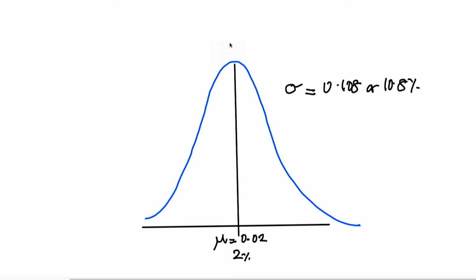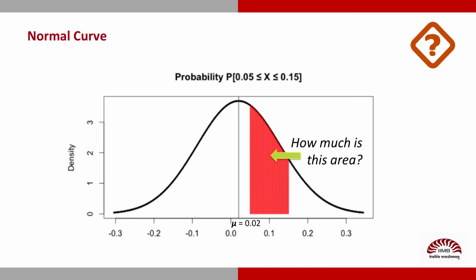In our case, we know the mean is 0.02 or 2%. This means the region we are interested in, 5 to 15%, hangs to the right. So here I have 5% to 15% hanging to the right, and I'm going to shade it. Here is a neater picture, but don't worry about being exact.